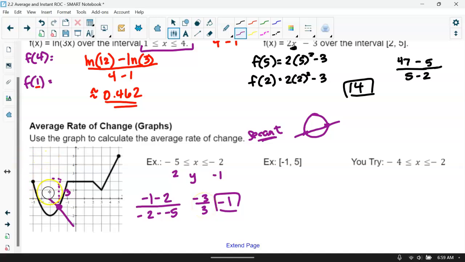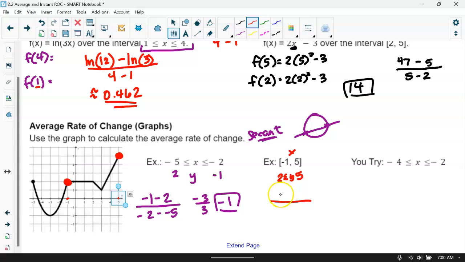We'll do another one. So again, average rate of change is the slope of a secant line. That's what we've been doing here. So the x values are -1 and 5. So here our y values are -1 is here at function of 2, and 5 has an output of 5.